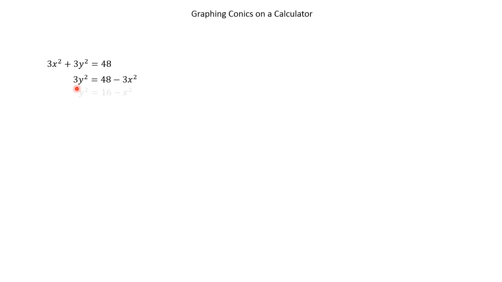Divide by 3. Now in this case, both of these are divisible by 3. If they weren't, we could have put 48 minus 3x squared all over 3 if we really wanted to. Chances are you're not going to have to do that, but you could if you had to. So now we have y squared equals something.